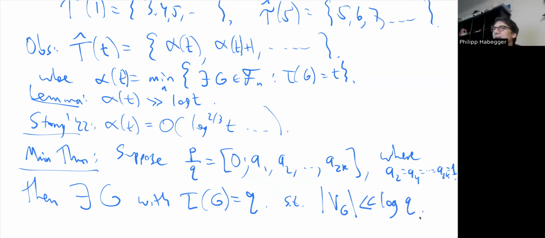Sorry, Alex, the lemma and Stong, is there a log missing in Stong's result, or it looks like they contradict one another? Lower t and upper bound log t. Sorry.